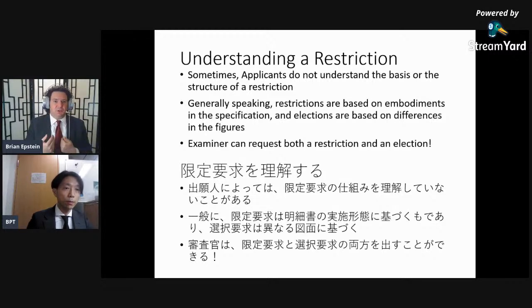Typically, that relates to the claims as well. So an examiner can request both a restriction and an election. And as we'll discuss on the next slide, they can also have multi-tiered restrictions.